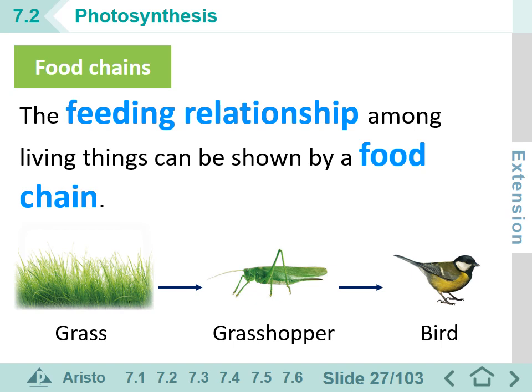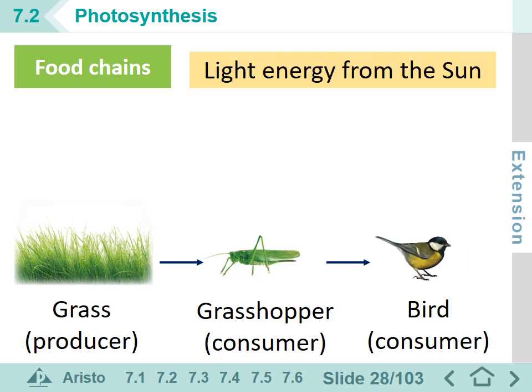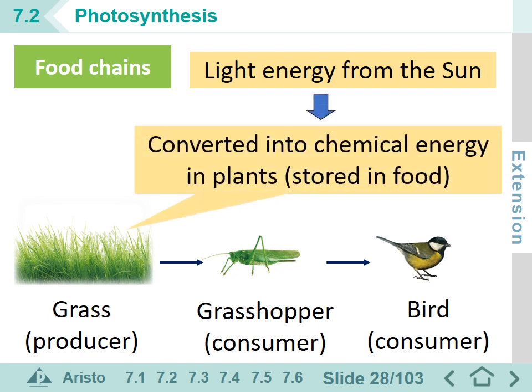So here shows the feeding relationship among living things. Okay, we call this a food chain, right? It starts from the producers and then the consumers. The light energy from the sun is converted into chemical energy in plants. Do you remember that the energy stored in food is chemical energy?